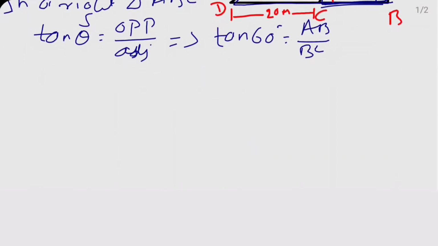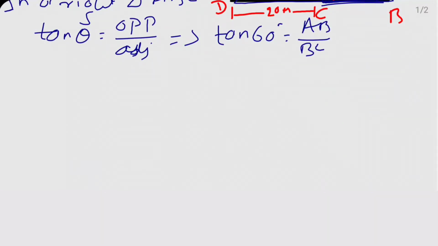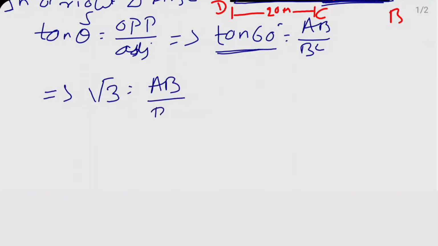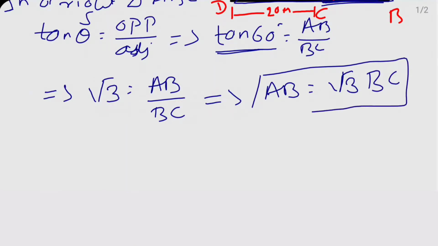And now we know that the tan 60 value, that is root 3, equals AB by BC. So this implies AB equal to root 3 BC. Call this equation 1. Is it clear?